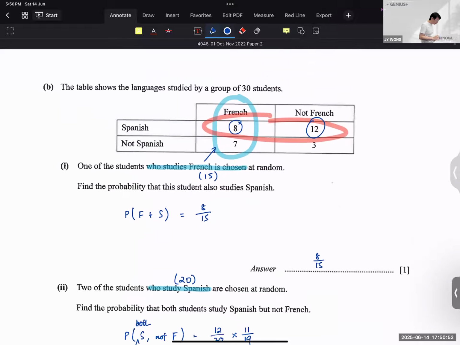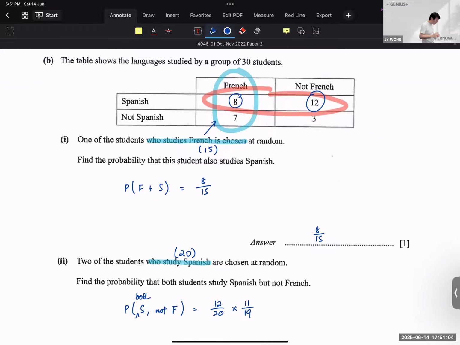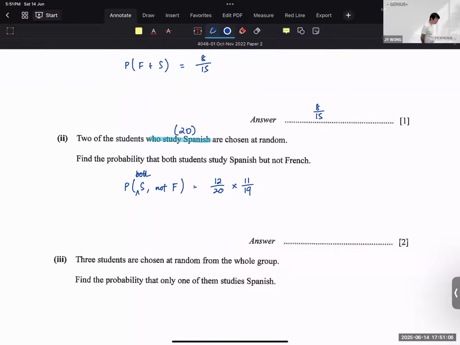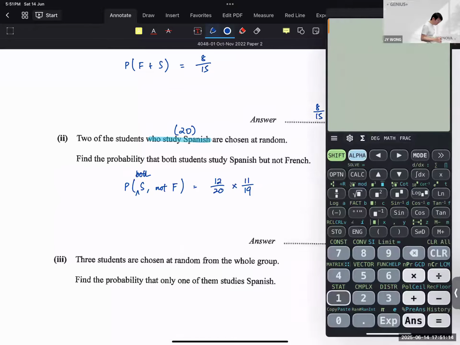This is study Spanish but not French, right? What is the probability that both study Spanish and French? It's 8 out of 20 times 7 out of 19. So if I take 1 whole minus 8 out of 20 times 7 out of 19.